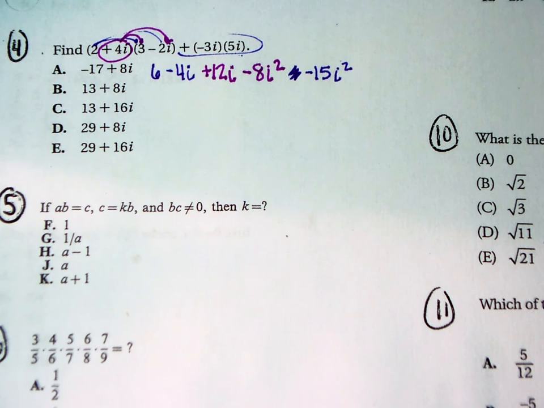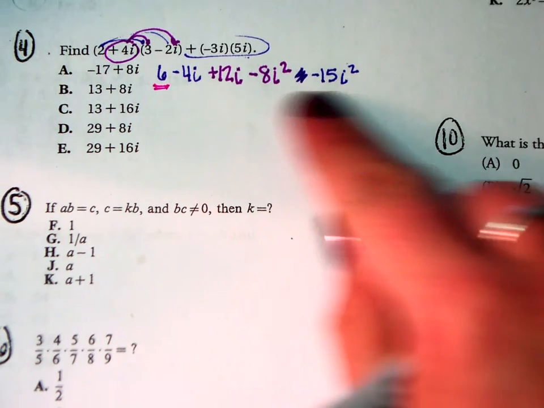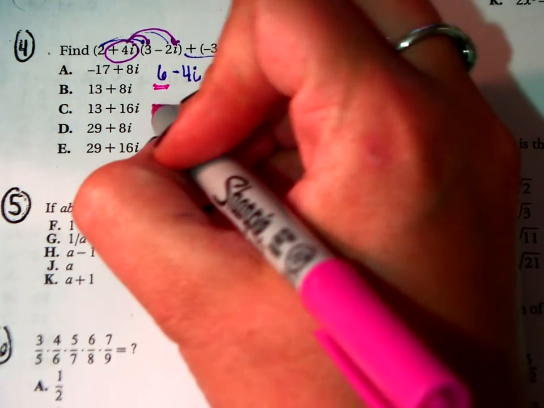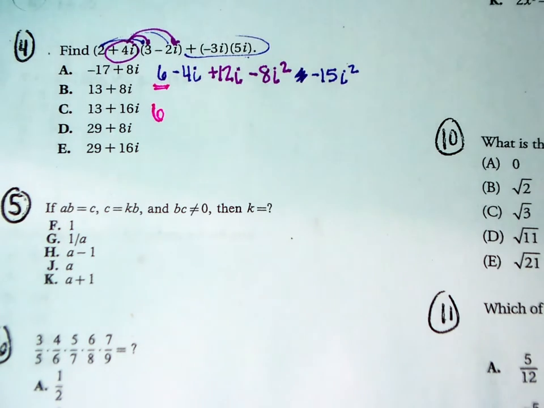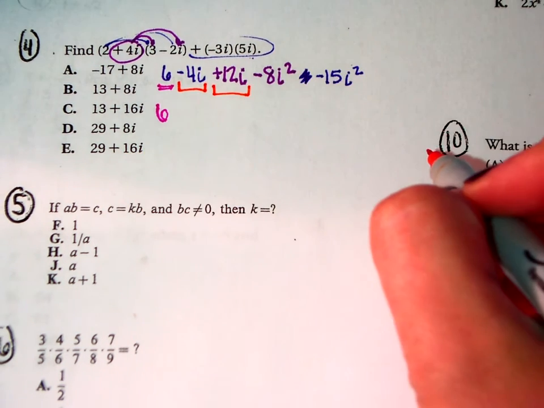Now I'm just going to combine those like terms together. So remember, like terms are terms that are identical to each other. They look the same, like apples and apples, chicken nuggets and chicken nuggets. So I'm going to look here and I have a 6. Well, nothing else is just a number. So I'm going to bring my 6 down. There's nothing else to match it. All right, let me grab another color here. There we go. Then I have negative 4i and positive 12i.